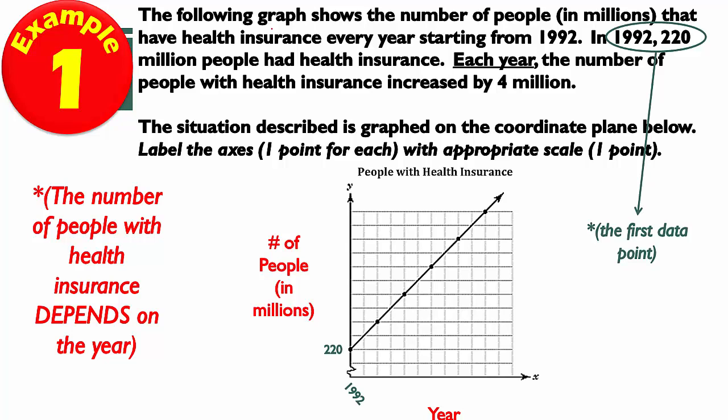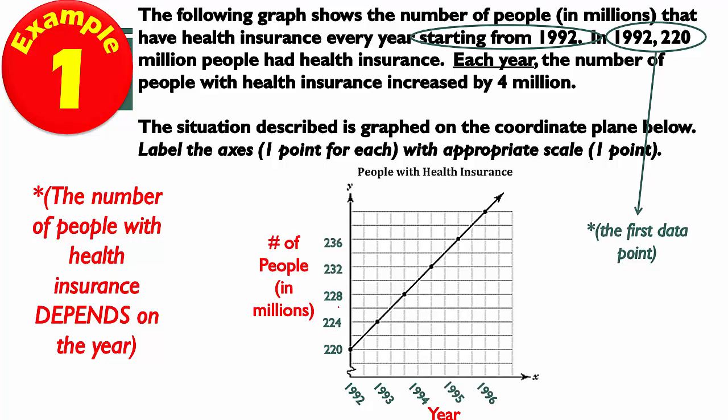And then from there, each year it increased by 4 million. To make this graph a little more readable, I'm not going to try and squeeze 1993 in here and 94. I'm going to put 93 there, and I can just add 4 because it increased by 4 million, and keep doing that with the same spacing.